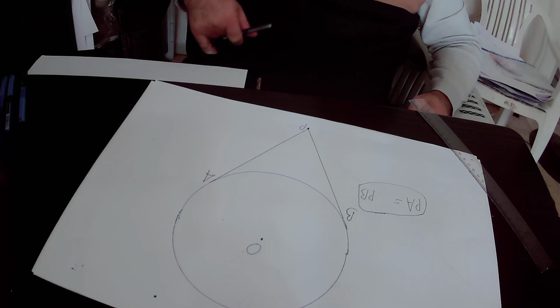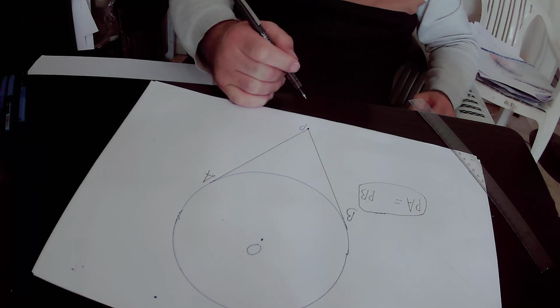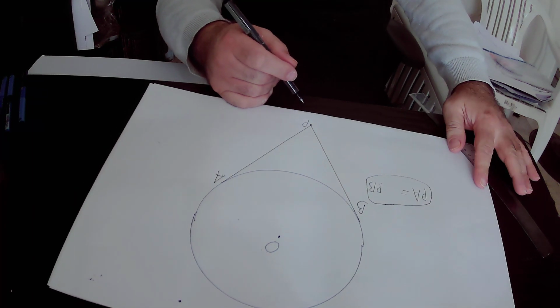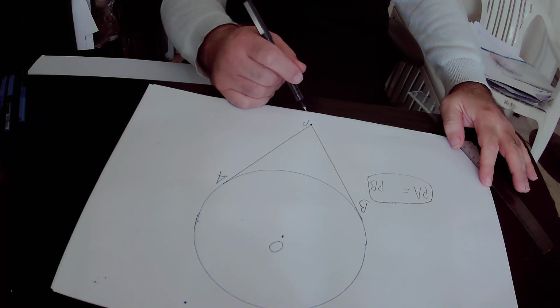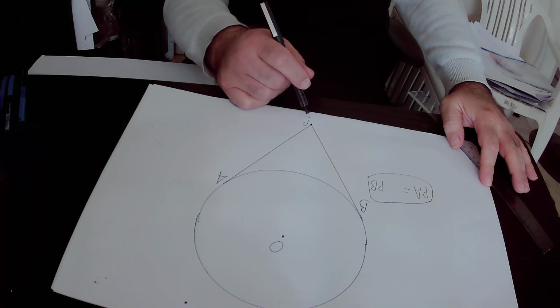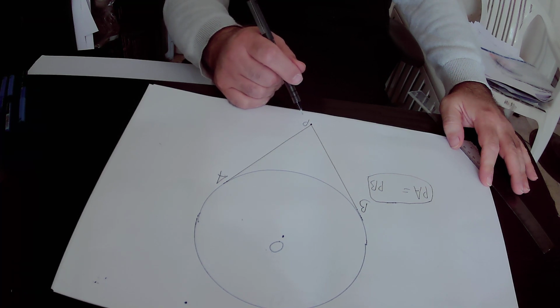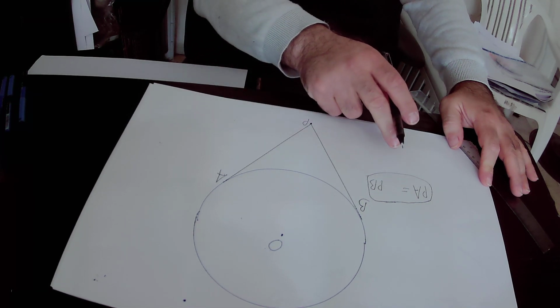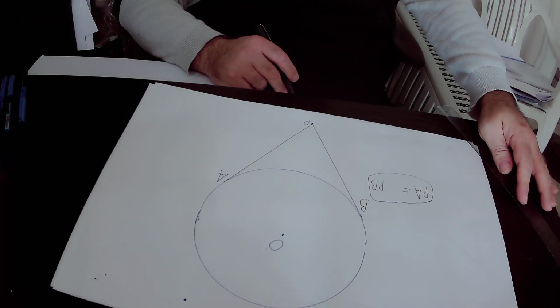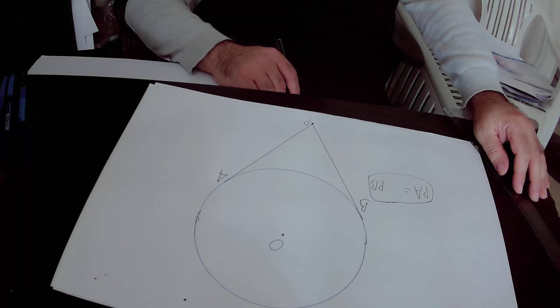So when we draw two tangents from a common external point, in this example point P, then the lengths of those two tangents will be equal to each other. That is to say, PA equals PB. Okay?